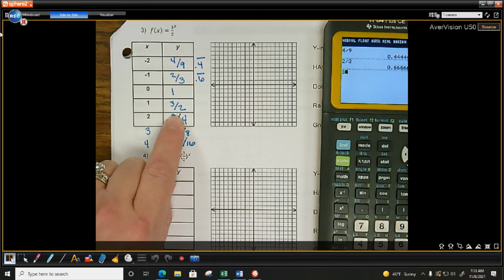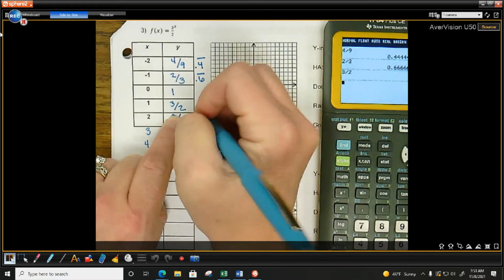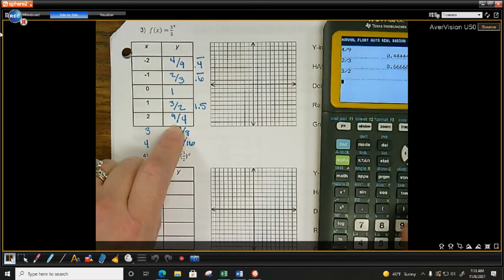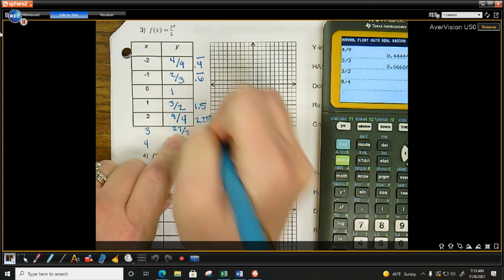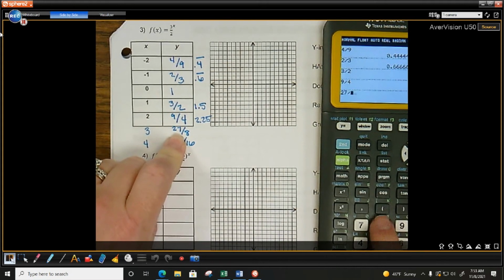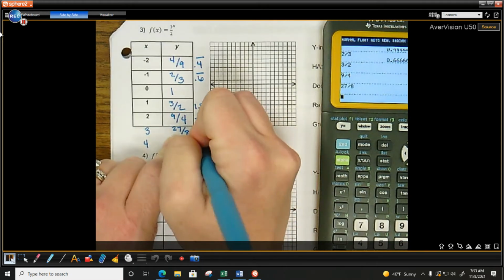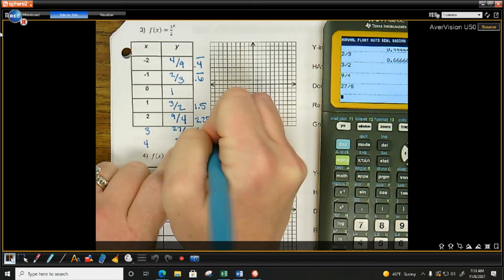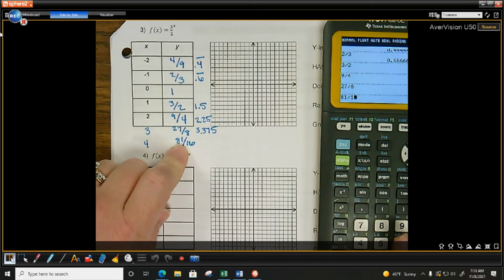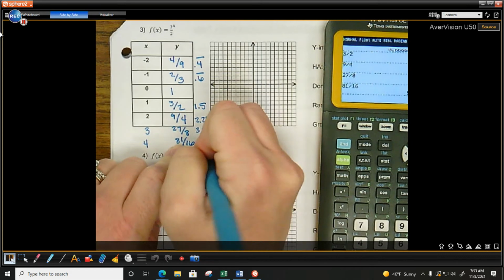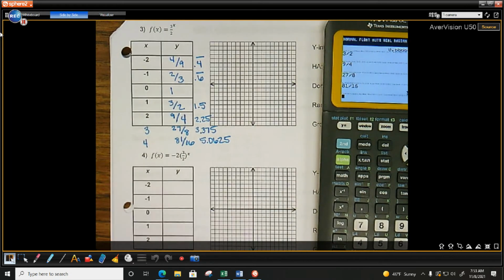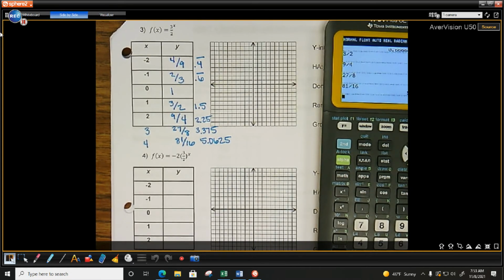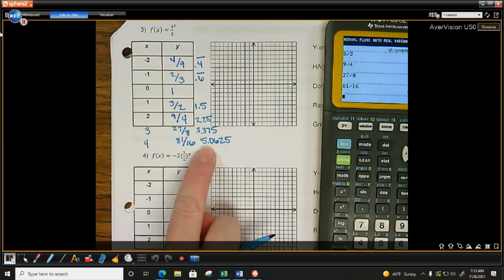What's 9 divided by 4? 2.25. 27 divided by 8 is 3.375, and 81 divided by 16 is 5.0625. Okay, why am I doing that? It's easier for me to figure out where 5.0625 falls on a graph than 81/16.